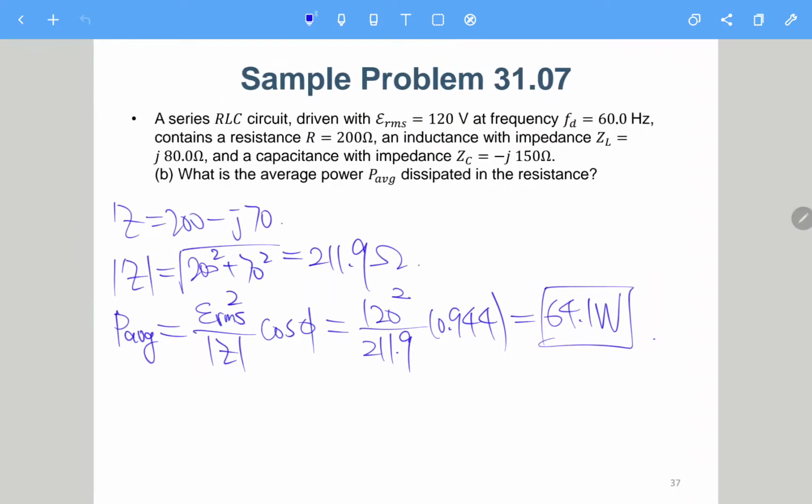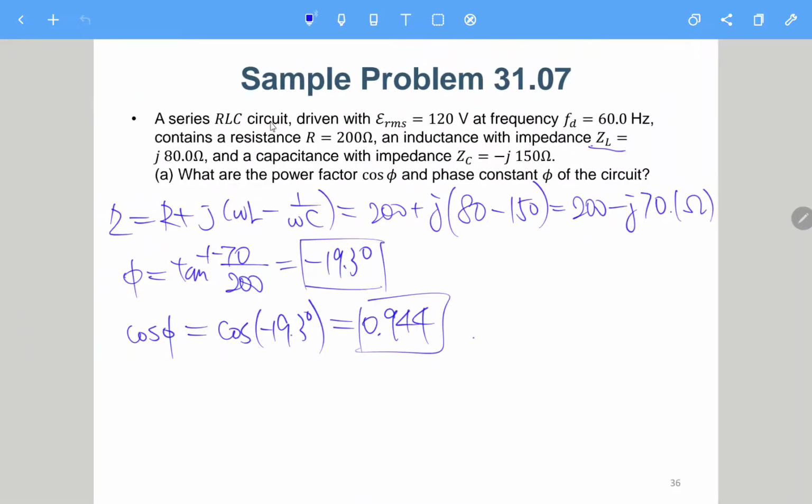Because just now we have the impedance to be R plus J omega L minus omega C. So if this is a complex number with imaginary part, then we cannot really maximize the output power.